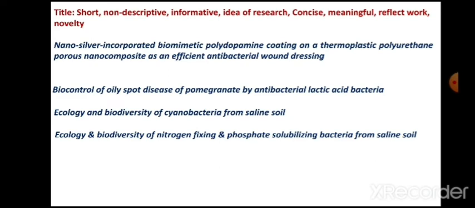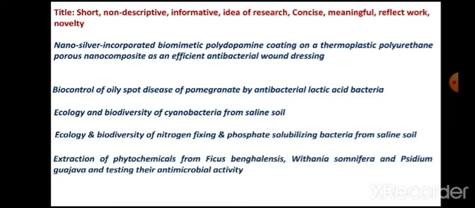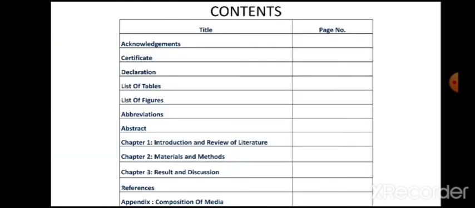The title should not be too short. Now this title is too short, as you can see. It should reflect the work actually. So these are several examples, and as we have already discussed, the length should be between 7 to 20 words. Then the next page followed by the title is the page of index or contents.